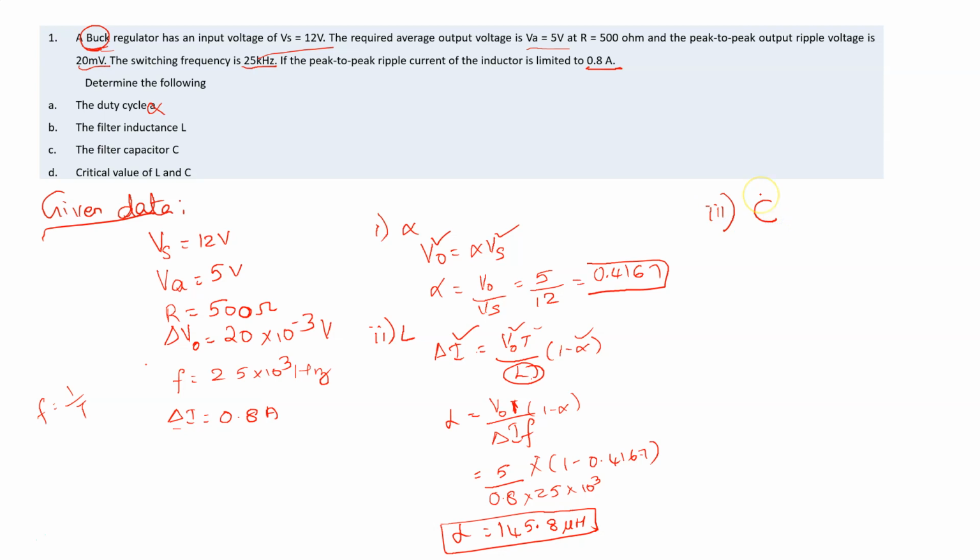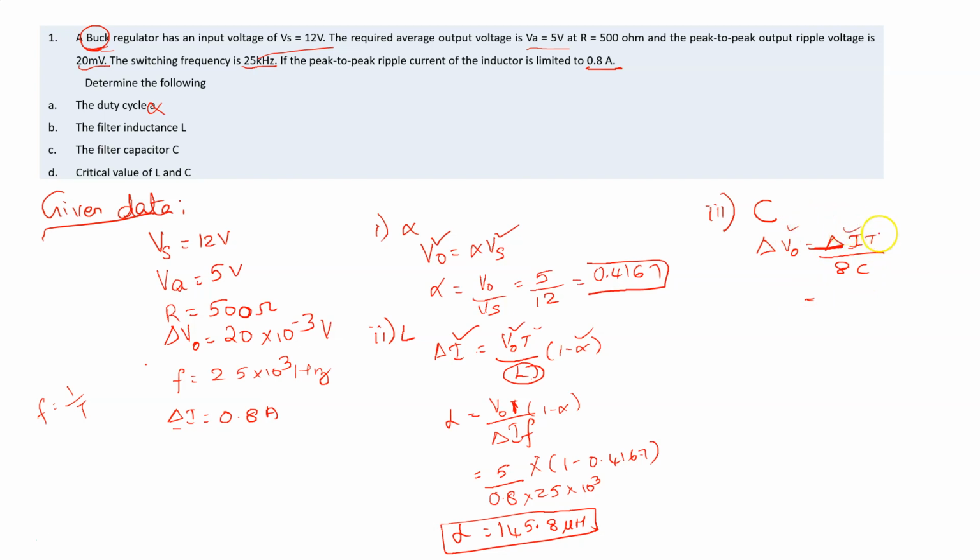Next, what we have to find out? Filter capacitance C. What is the formula we know? Similarly to the filter inductance L, we know that delta V naught is equal to delta I T divided by 8C. We know delta V naught, right?